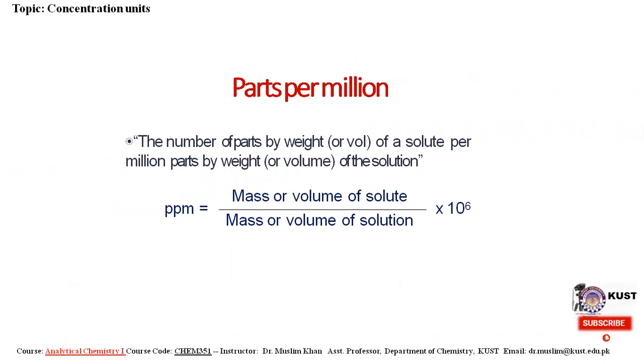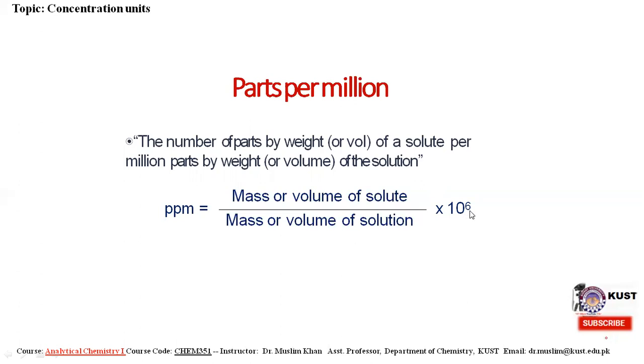The next one is parts per million, ppm, as the name indicates. The number of parts by weight or volume of a solute per million parts by weight or volume of the solution is called ppm. So the difference between percent and ppm is, here you are calculating it in a million.